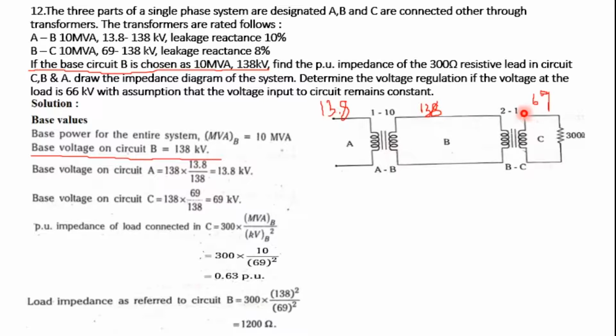What is the voltage ratio? This is 138 by 69, and depending upon how you are transferring from secondary to primary side, it is the square of this value.